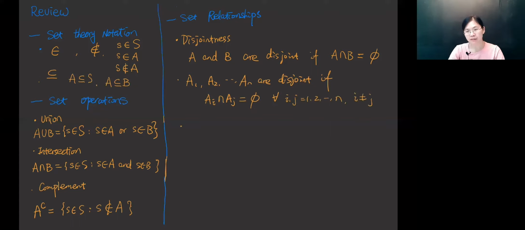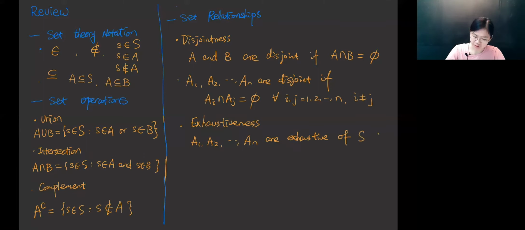The second set relationship concept is exhaustiveness. A group of events are exhaustive of the sample space if the union of all of these events equals the sample space.